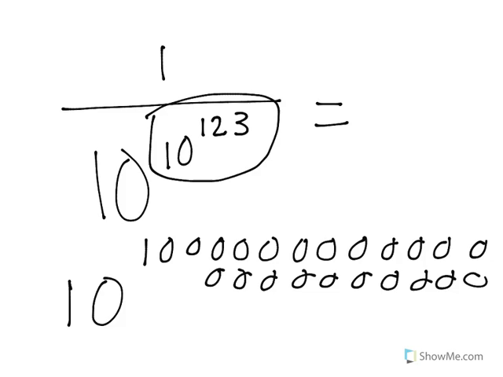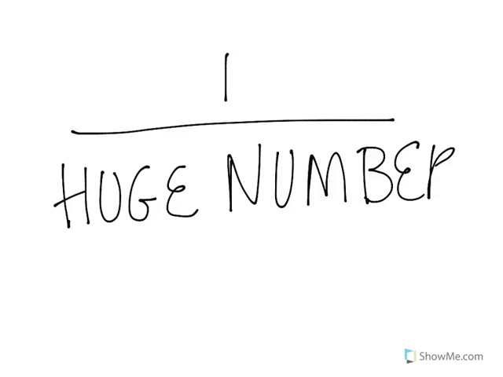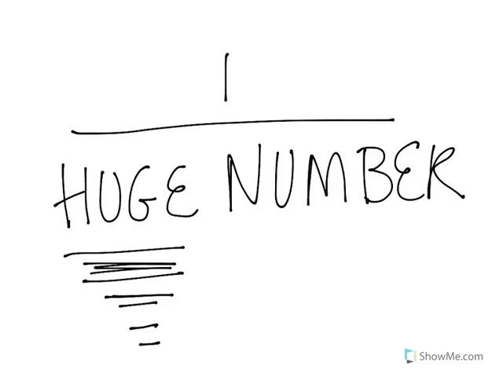So the main point we're trying to make is the chance that the earth was created on accident is 1 over a huge number. Very, very huge number.